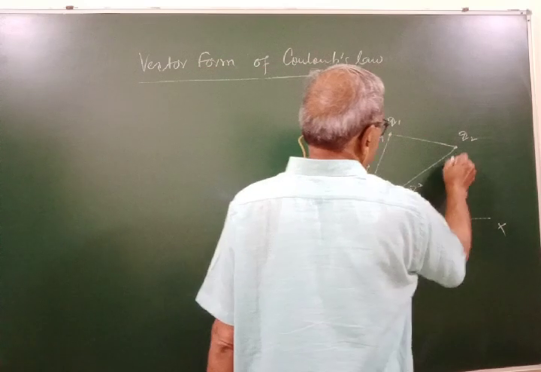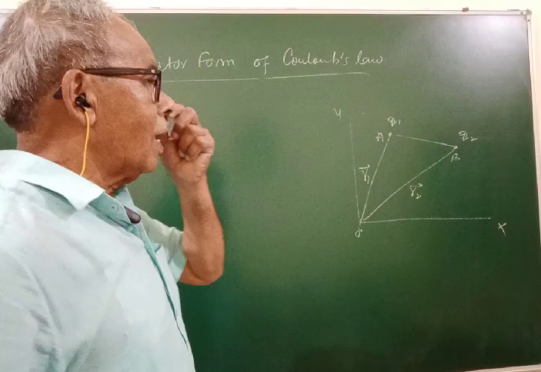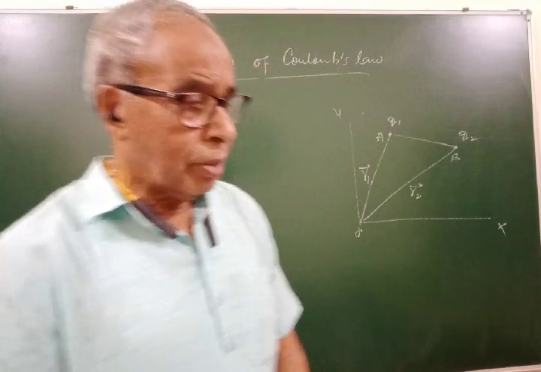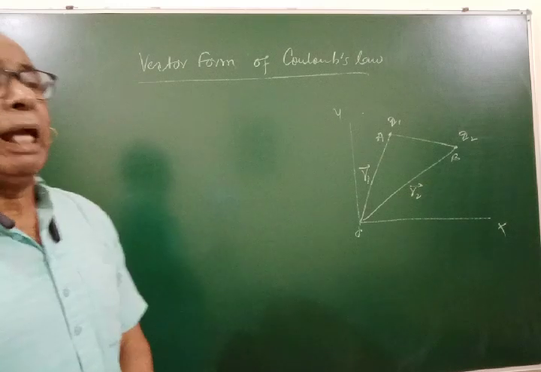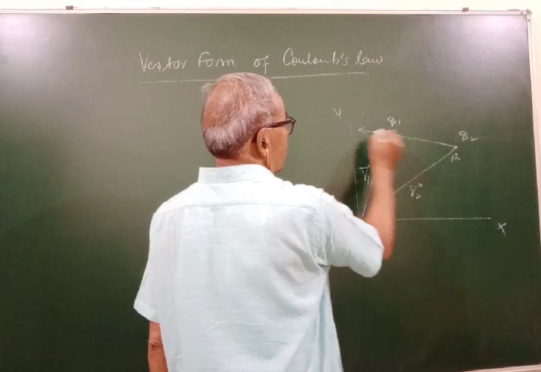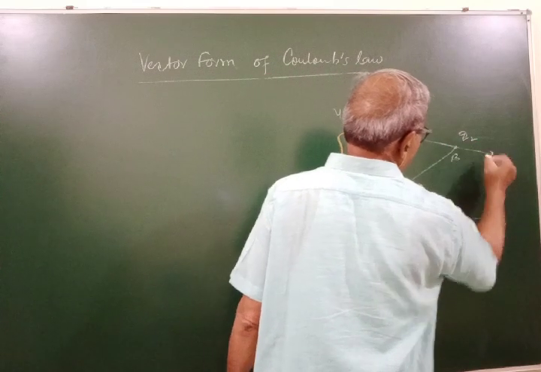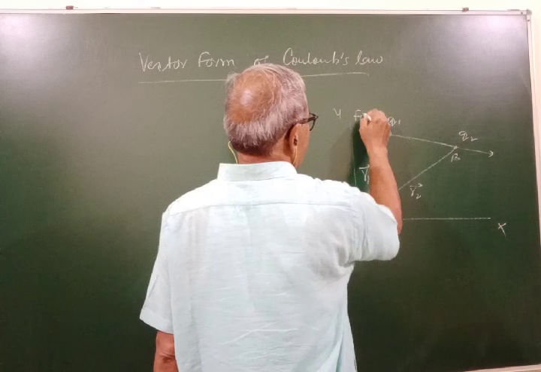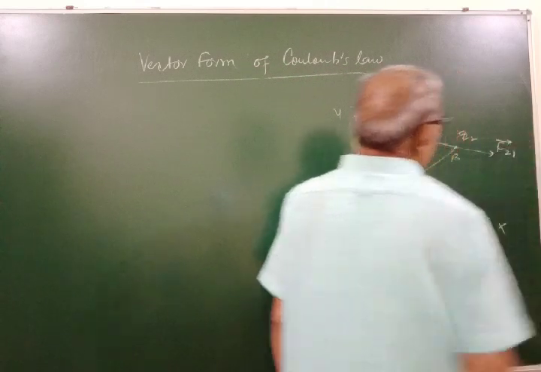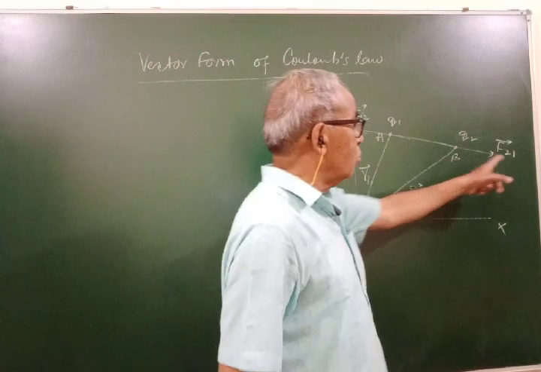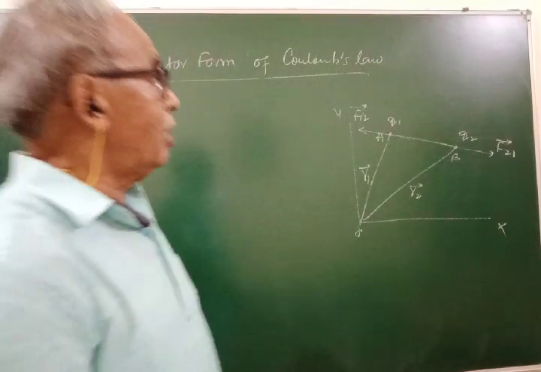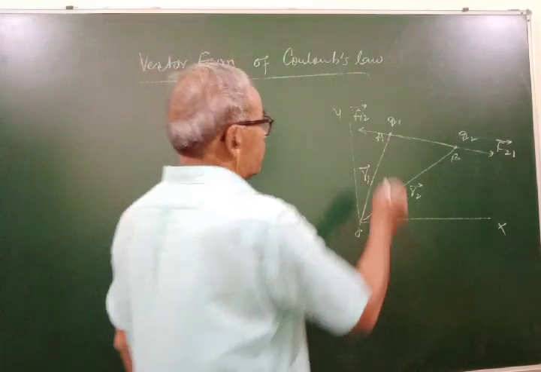It is vector AB. If these two charges are like, they will repel, and I told you that force of repulsion or attraction acts along the line joining the two charges, and that is called line of action of force. If they are like charges, they will be repelling each other like this. I write F12 and this is F21. F21 means force acting on charge Q2 due to Q1, and F12 means force on charge Q1 due to Q2, repulsion force.